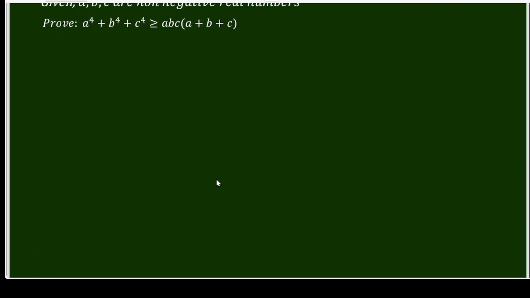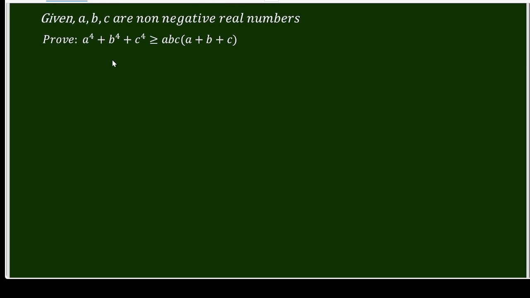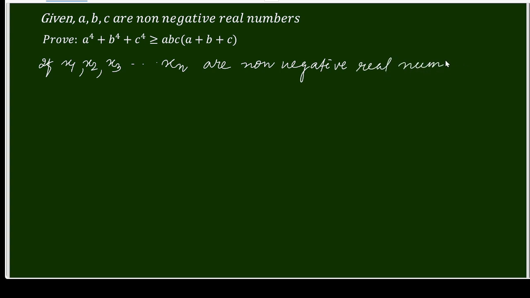So let's proceed. This question can be very easily proved if we use the concept that if x1, x2, x3 up to xn are non-negative real numbers, then the arithmetic mean of the numbers is always greater than or equal to the geometric mean.